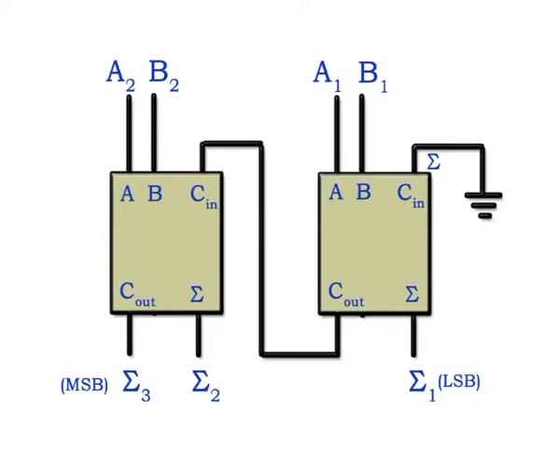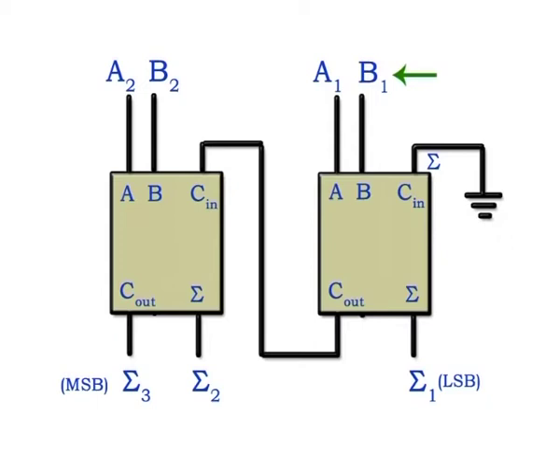Notice that either a half adder can be used for the least significant position or the carry input of a full adder can be made 0 or grounded because there is no carry input to the least significant bit position. The least significant bits of the two numbers are represented by A1 and B1.